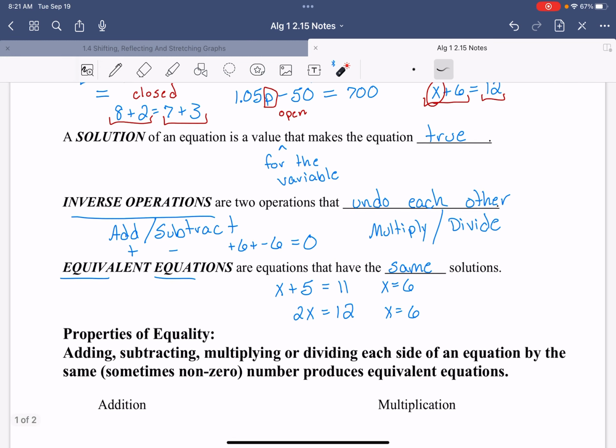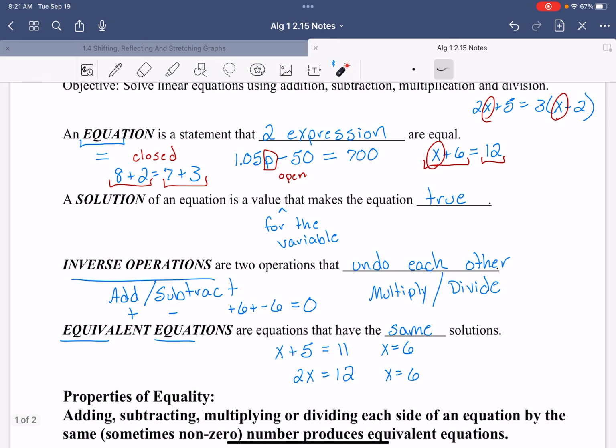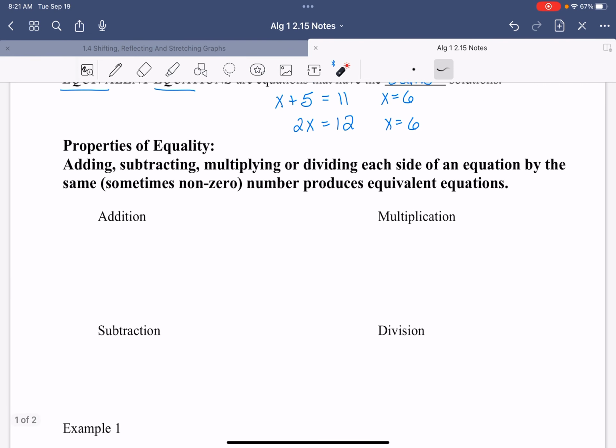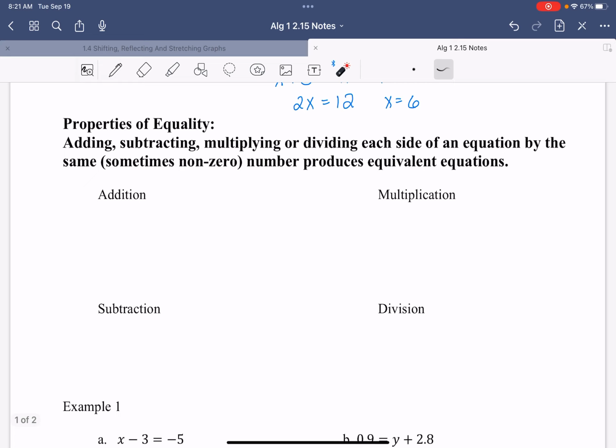So today we're going to be taking equations and finding solutions, or solving them. And to do that, we're going to be using our properties of equality. Basically, what a property of equality tells me is if I have a true equation, for example, 8 plus 2 equals 10, a true equation. 8 plus 2 does equal 10.